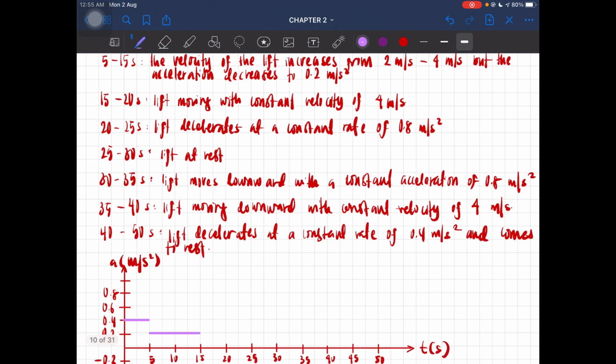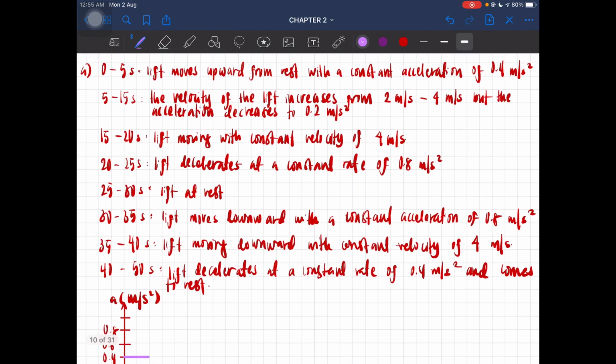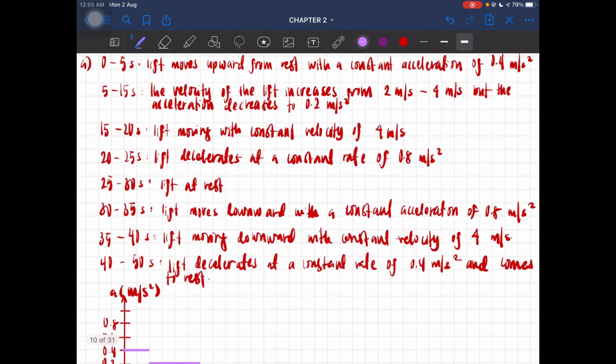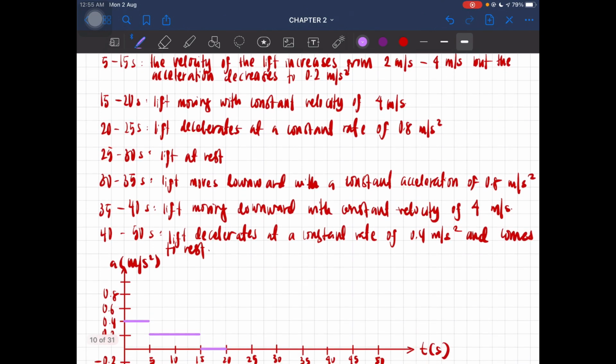Okay, lepas tu 15 to 20 lift is moving with a constant velocity of 4. Constant velocity means acceleration is 0. Okay, remember acceleration is 0 when velocity is constant. And then from 20 to 25 seconds, lift decelerates, meaning the acceleration is now negative.